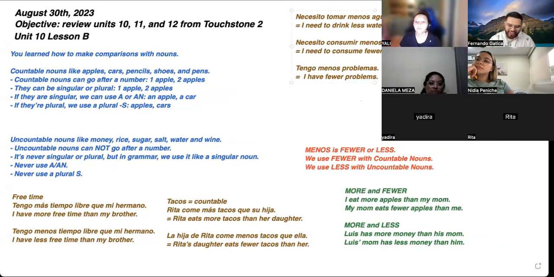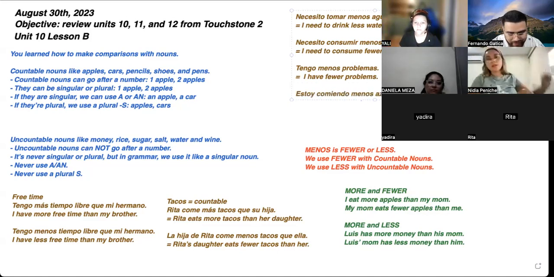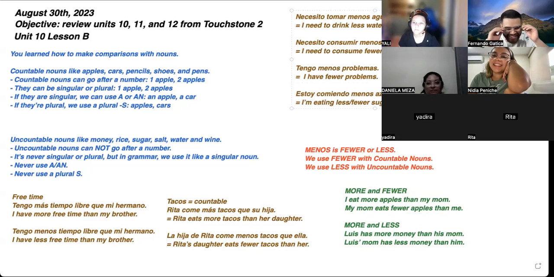One more for good luck. Less or fewer? Countable.